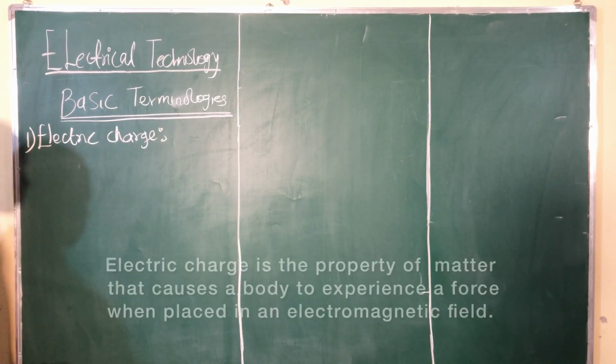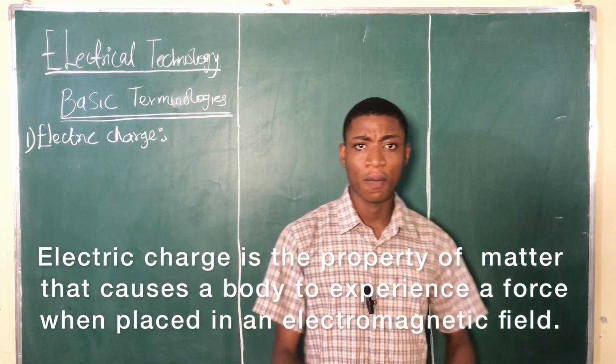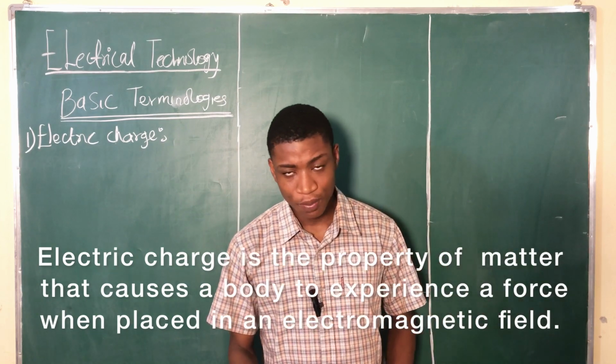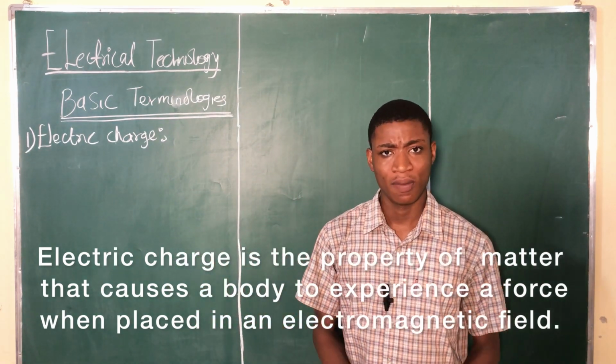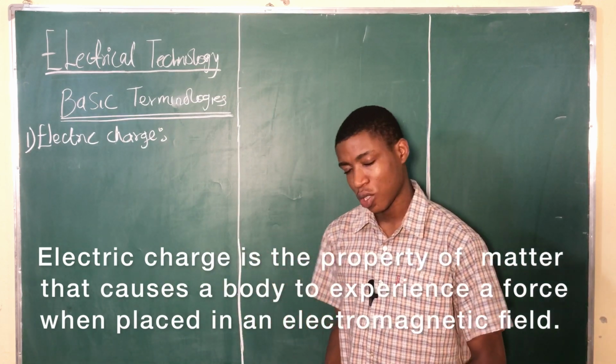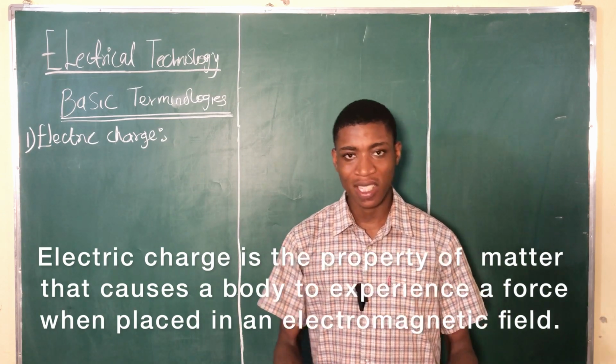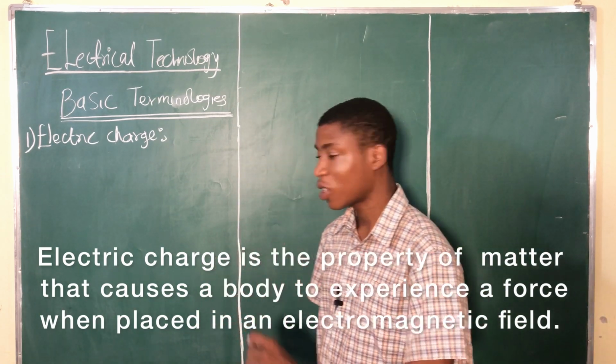Now take note. Electric charge. Take this down. Electric charge is the property of matter that causes it to experience a force when placed in an electromagnetic field. Take it again.